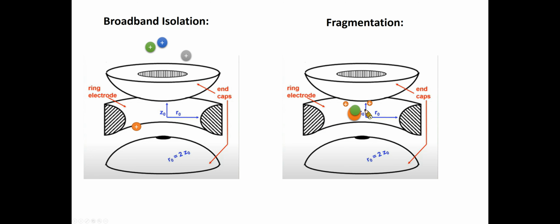Such fragmentation can be achieved with resonance excitation by applying just enough amplitude to stretch the ions away from the center of the trap without actually ejecting them. It is critical for tandem mass analysis, which requires both isolation and fragmentation.